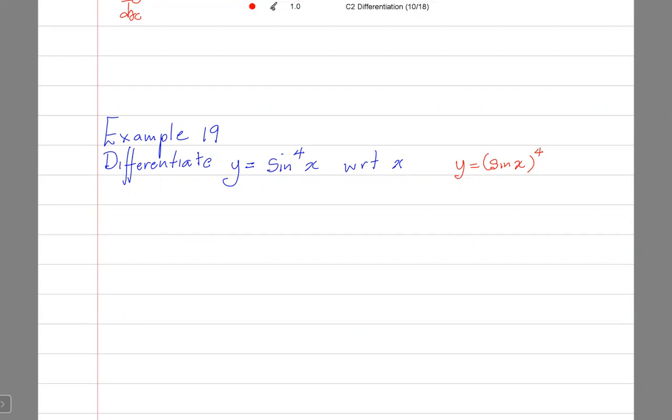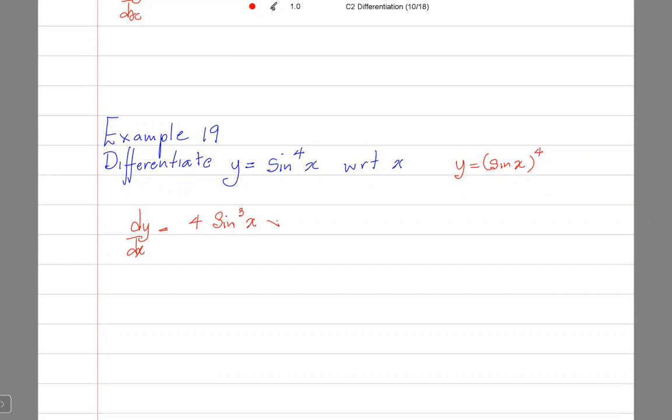So we're going to treat this as a power differentiation. So it's both power and chain. So differentiating the outer function is power differentiation. And then we have to multiply by the differential of the inside function, which is sine x. So dy by dx would be equal to, the 4 comes to the front, sine cubed x.